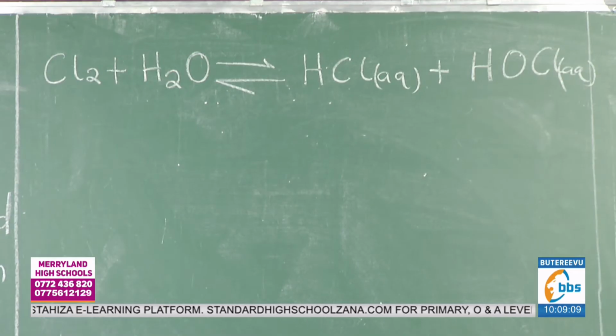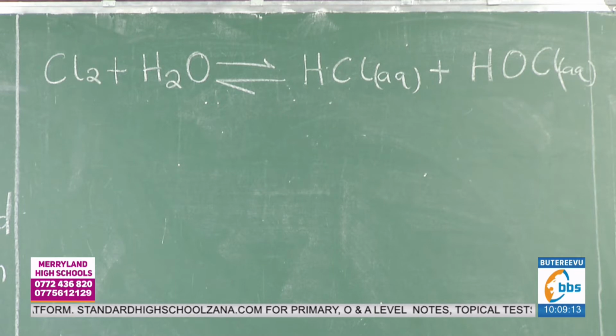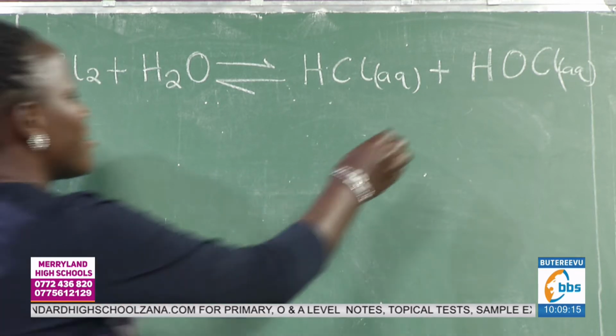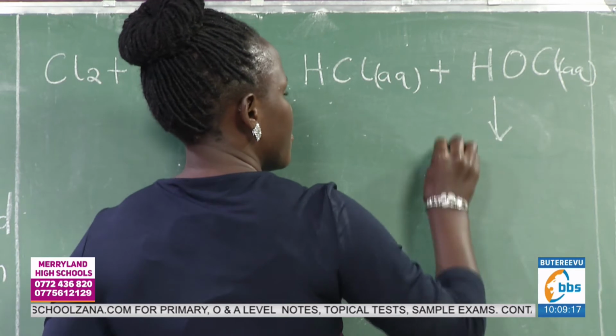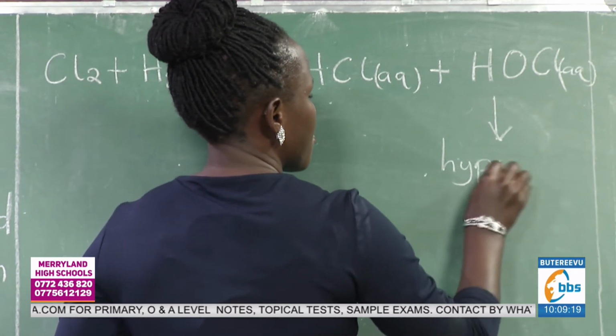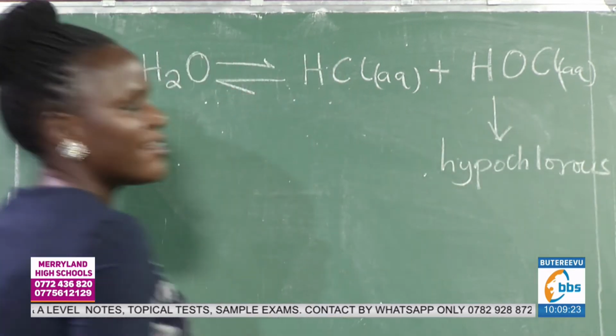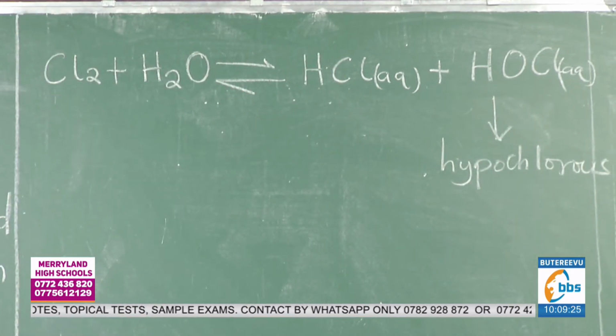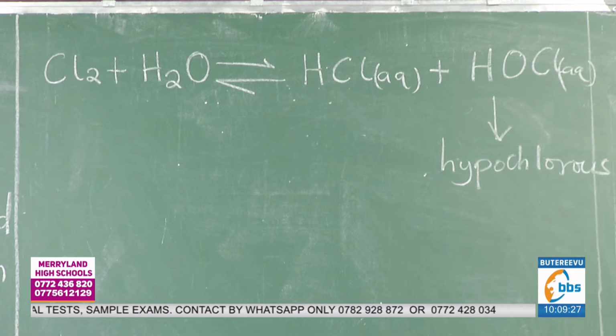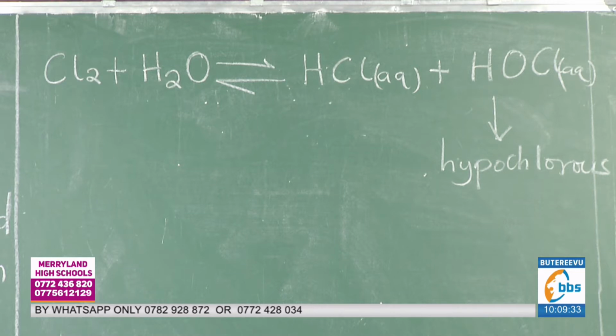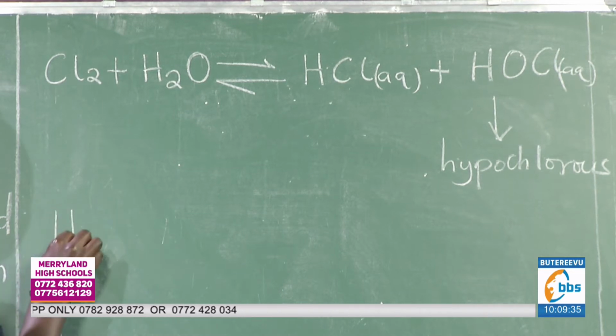And I told you, on exposure to sunlight, what happens? The hypochlorous acid that is formed, this is our hypochlorous acid, is a very reactive compound. When you expose it to sunlight, what happens? It decomposes.